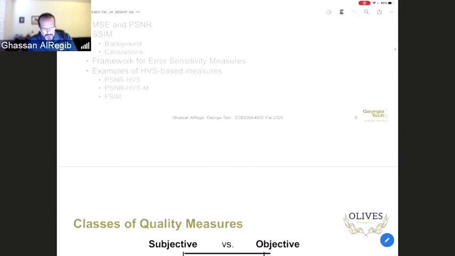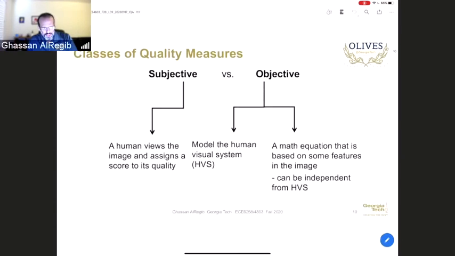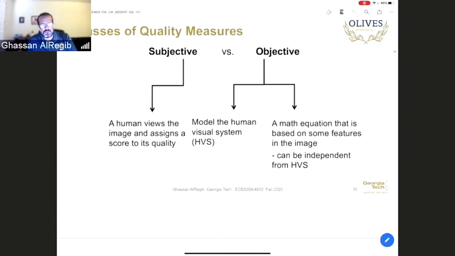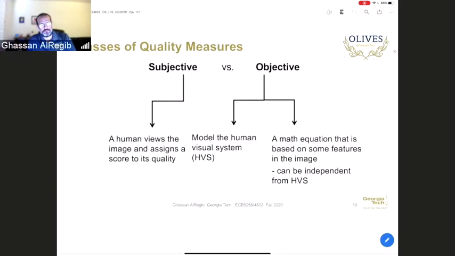So now let's talk about subjective versus objective. The subjective one is really the ultimate one. If you really want to find the correct quality of an image, then you have to have a group of human beings who are really expert in imaging, sitting and evaluating those images and scoring the quality.